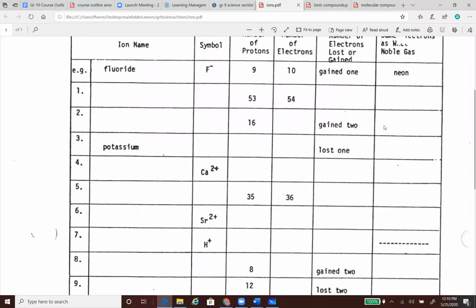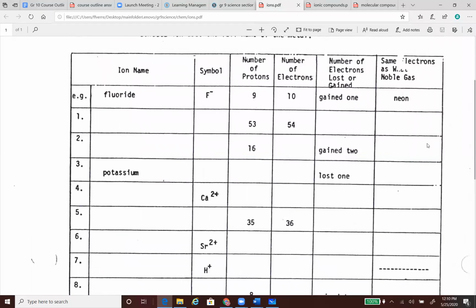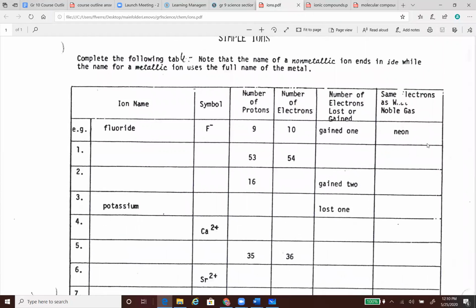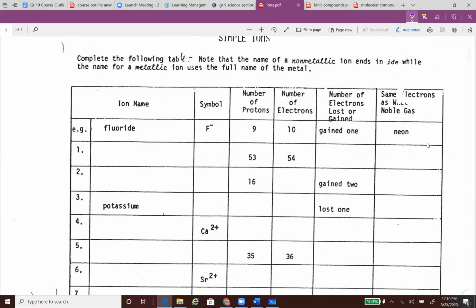Okay. So we're going to classify ions into basically 2 types, the positive ones and the negative ones, okay? If you remember from your periodic table trends, the metals, things on the left side of the staircase, they want to lose electrons.